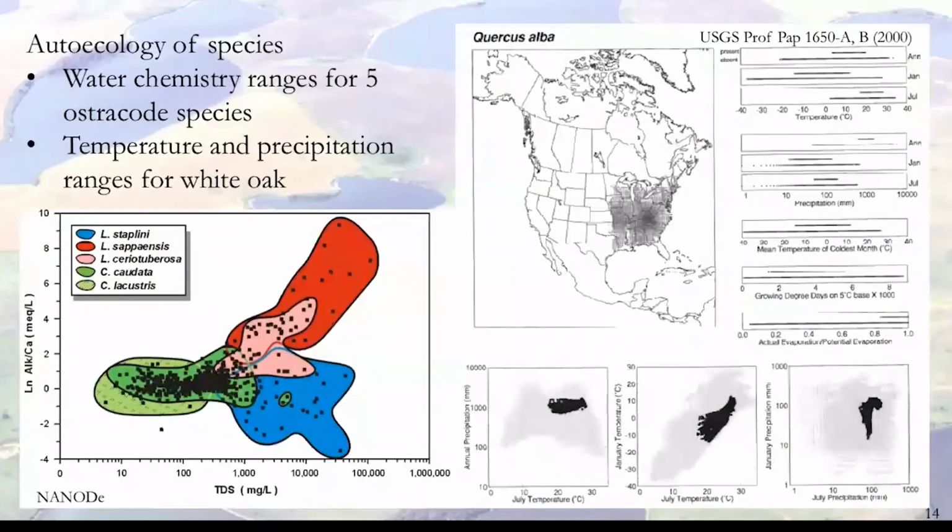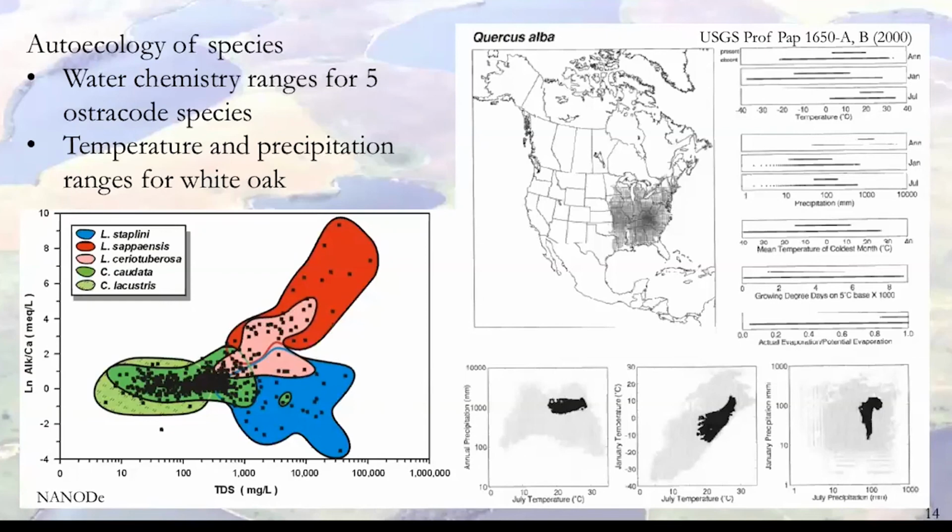Okay, and the use in water ecology, going on the left side, water chemistry ranges for 5 ostracod species. You notice that on the x-axis is total dissolved solids in milligrams per liter, and on the y-axis is the natural log of carbonate alkalinity plus calcium in milliequivalent ratios.